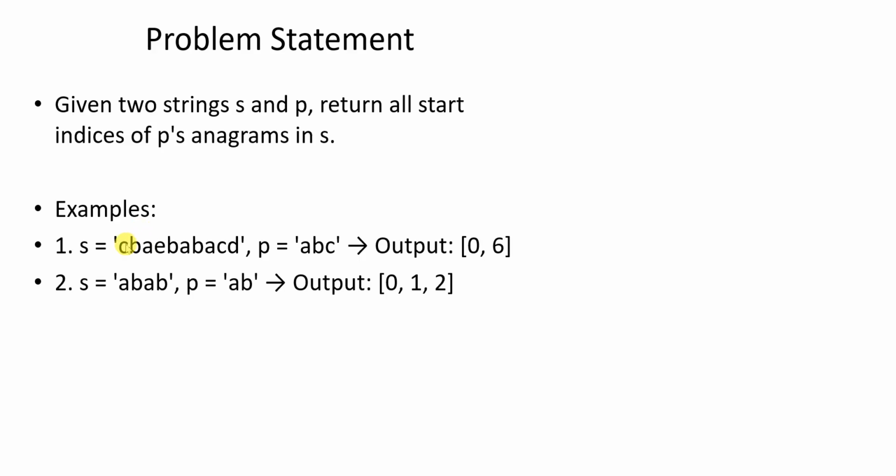The brute force would be to slide over every element, like CBA, then BAE, then AEB, then EBA. This would cost us big O of n into 3, that is 3n, but we can also solve this with a time complexity of 2n. So how will we solve that?